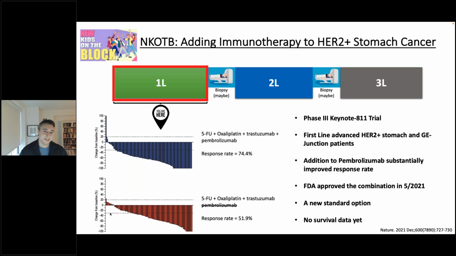So this is an impressive early reporting of this trial. We don't yet know if those patients are living longer, which is obviously very important, but we do know that much more of them are having their tumors shrink, and that's usually associated with feeling better and pain and symptoms and fatigue and all of those things improving. So this was a recently approved FDA combination in May of 2021.